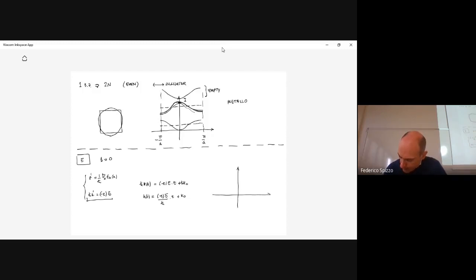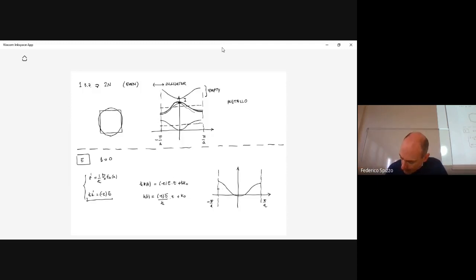what we have is that if we consider just one band, if we suppose to have a metal, so the last occupied level, the Fermi level, intersects one band.